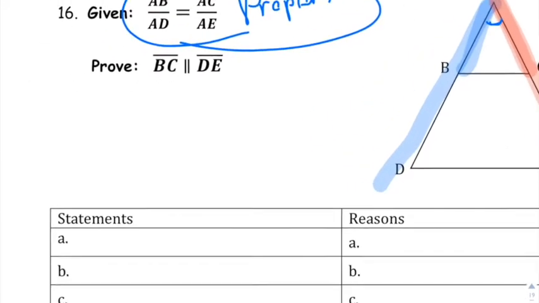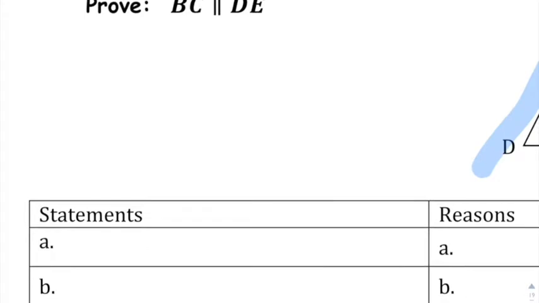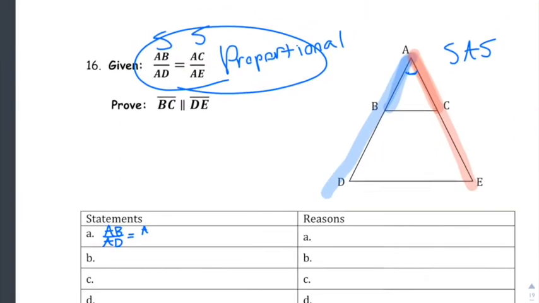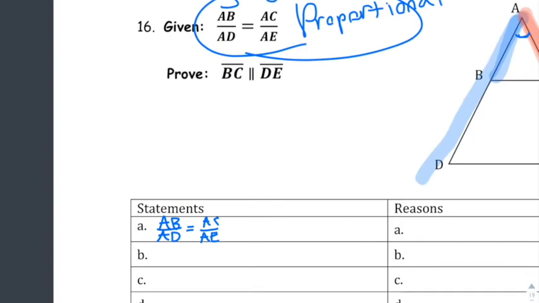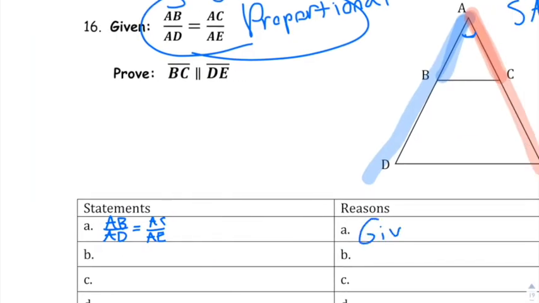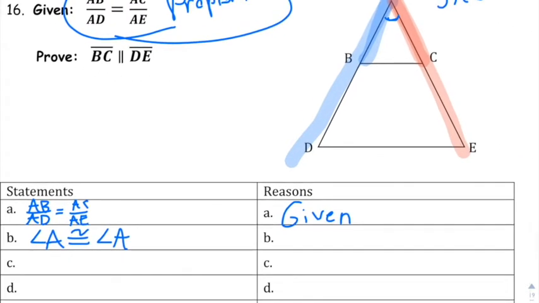So let's go ahead and put all that there. So let's see, we got AB to AD equals, I guess, AC to AE. That was given. We can say angle A, since it's a shared angle, we can say angle A is congruent to angle A. You can use 3 letters if you want, but we know what we're talking about there.